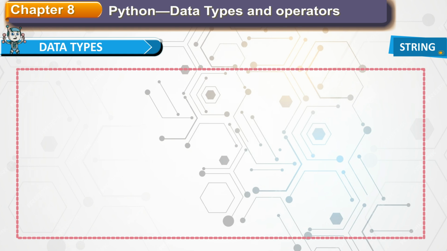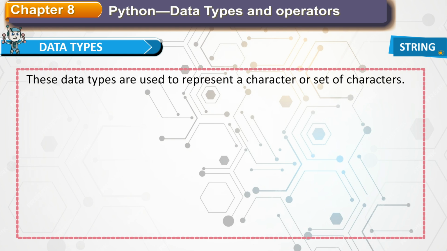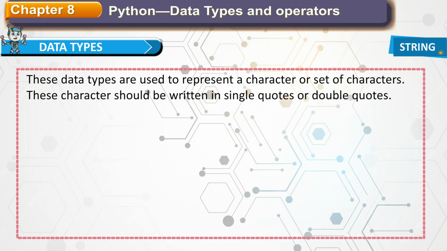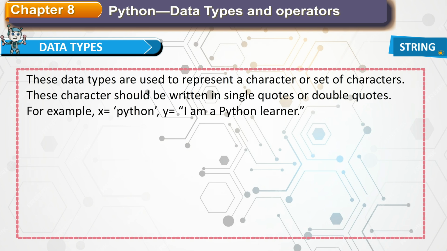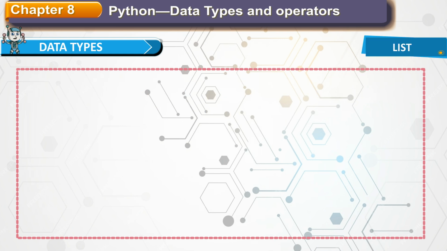String. These data types are used to represent a character or set of characters. These characters should be written in single quotes or double quotes. For example, x = 'Python', y = 'I am a Python learner'. List.